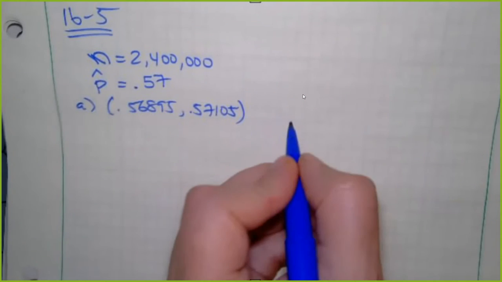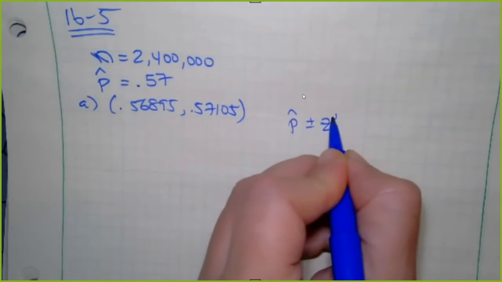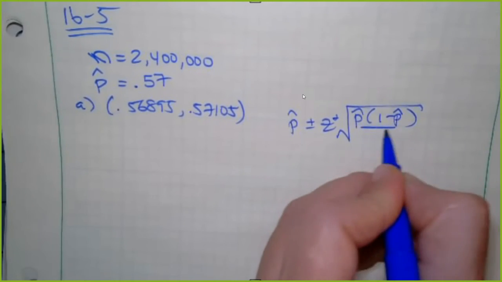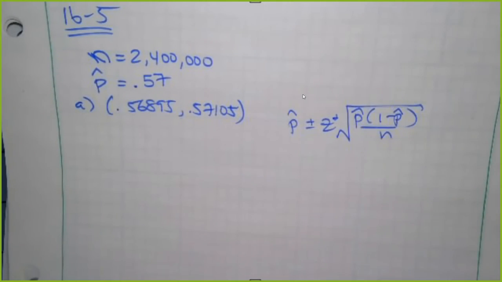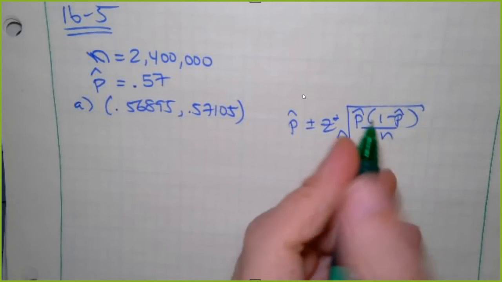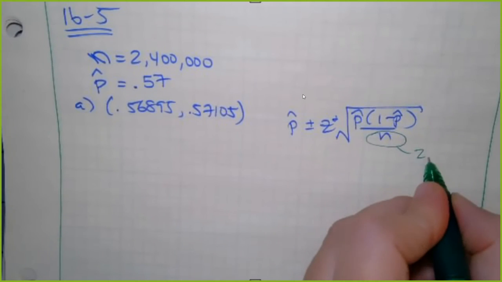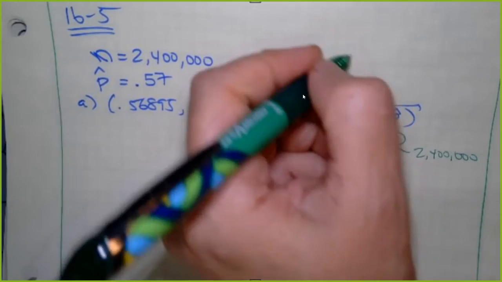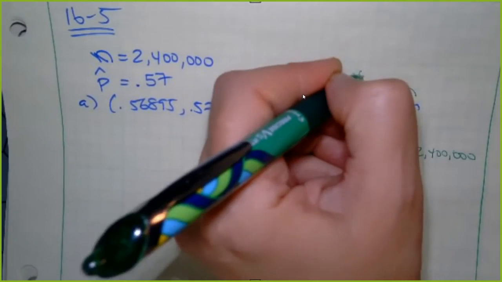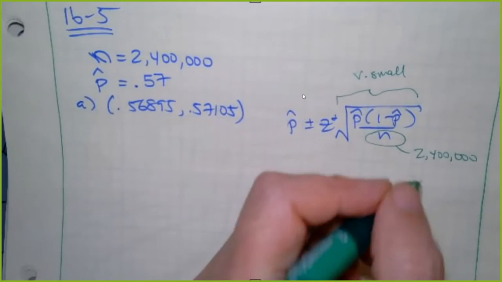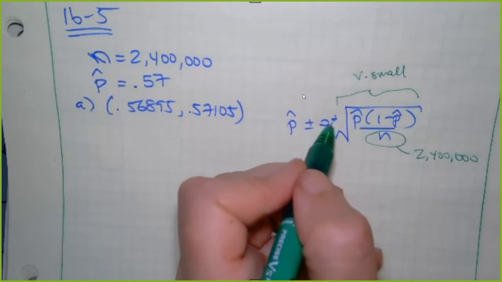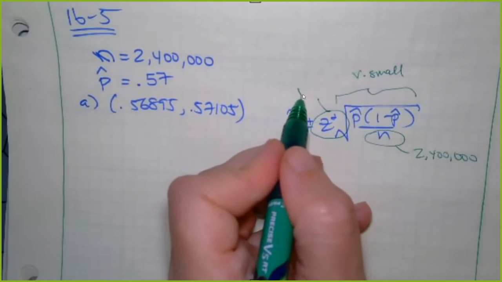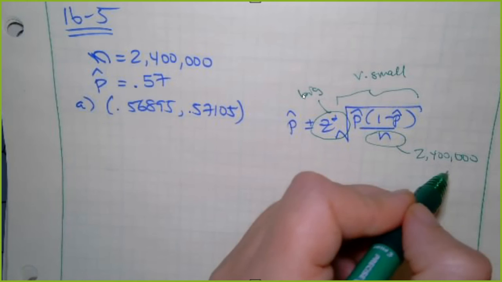Well, remember the formula. We've got p-hat plus or minus critical value times the square root of p-hat times 1 minus p-hat over n. Well, the magical weird thing in this problem is this guy. You're dividing by 2.4 million. You're dividing by a gigantic number. So this standard error is going to be very small. Also, this critical value is going to be big for 99.9%. This is bigger, but this is just so much bigger than that.